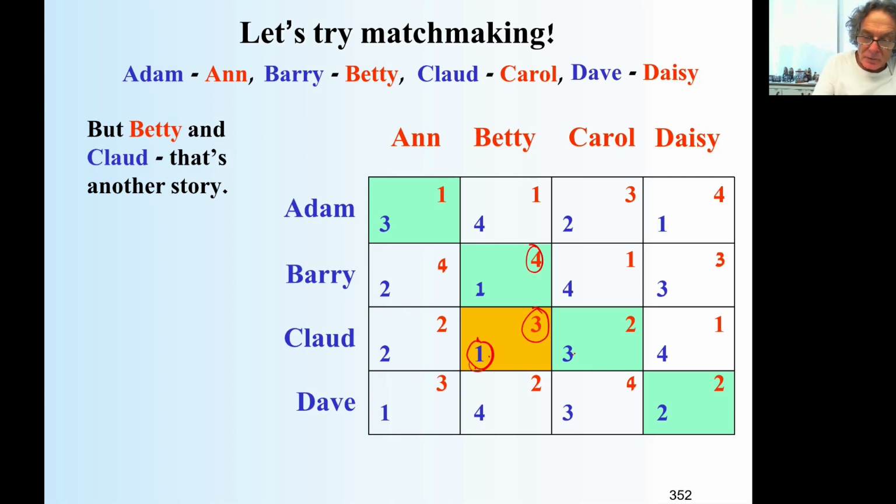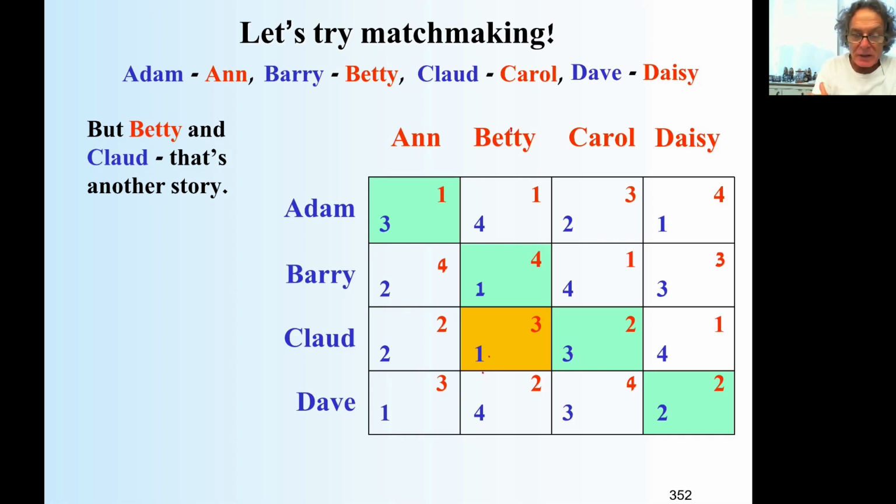So this is not a stable matching because we found Claude and Betty, who were not matched together, but they prefer each other. Claude prefers Betty to what he got, and Betty prefers Claude to what she got. And therefore, they will get together.